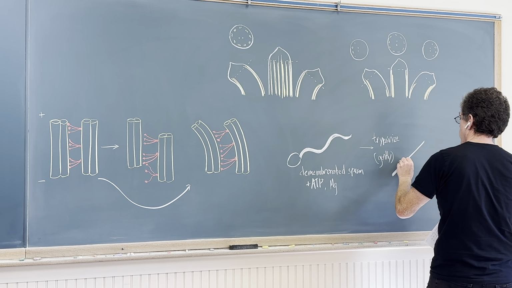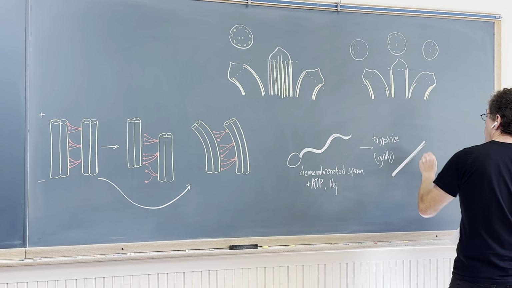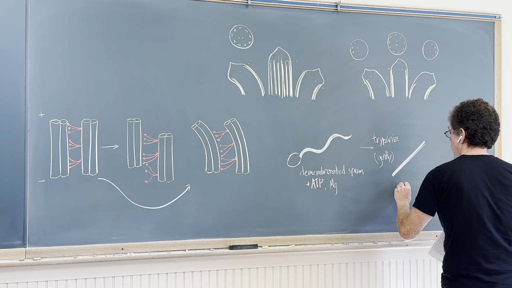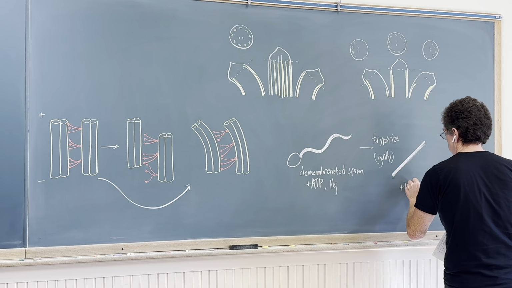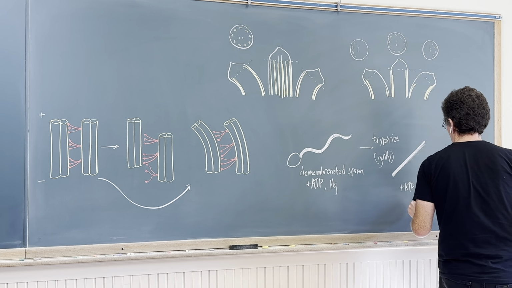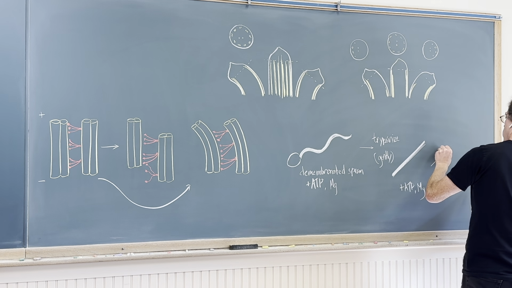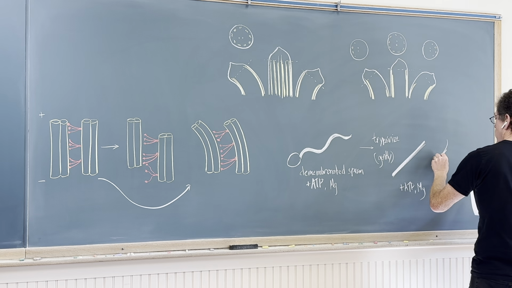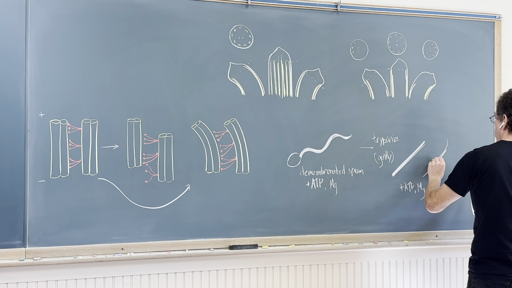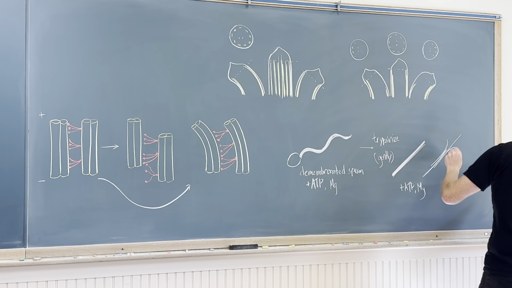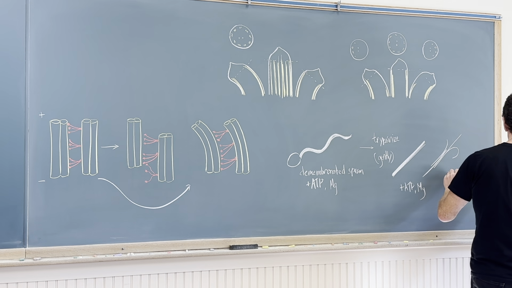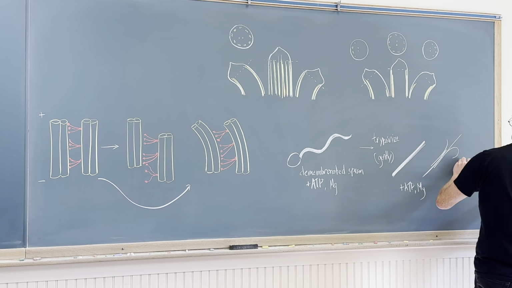What Ian Gibbons and his collaborators found is that if they add ATP to these, and whatever else they need, magnesium, then over time, they would see these demembranated axoneme chunks unspooling, uncoiling like that as microtubules slid past one another out of the axoneme.